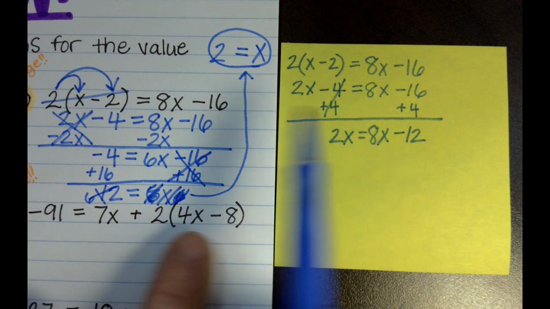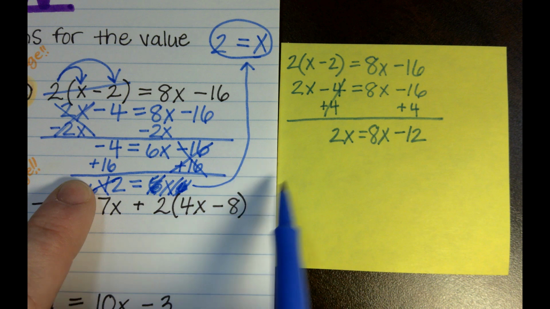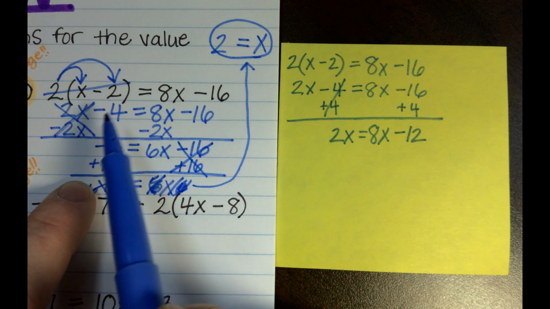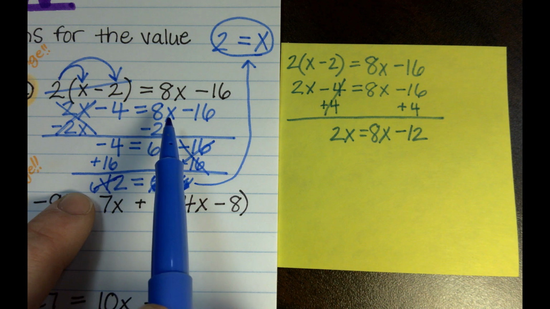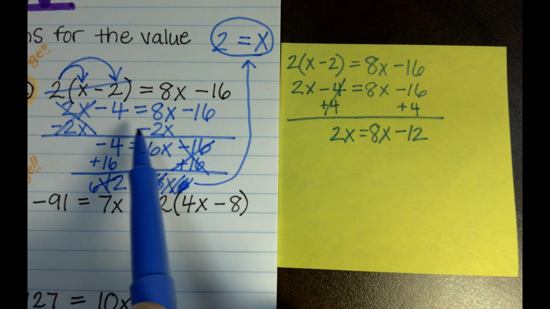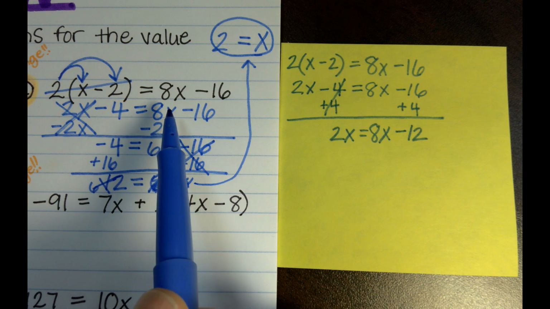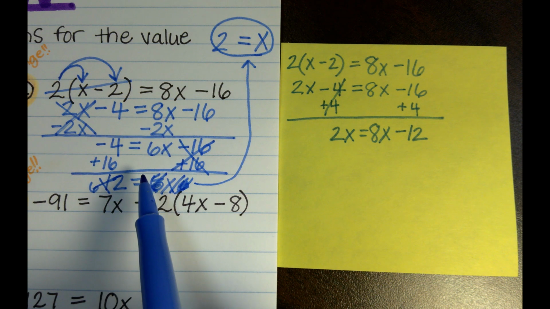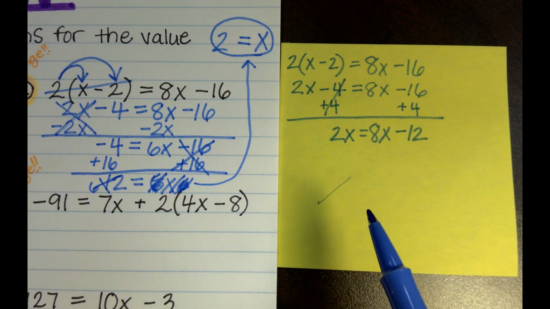And let's compare over here. If you notice, on this equation, when we solved it, it's like it's flip-flopped. We have our 8x and our 2x. We just moved. So your answer, did it end up being x equals 2 instead of 2 equals x?